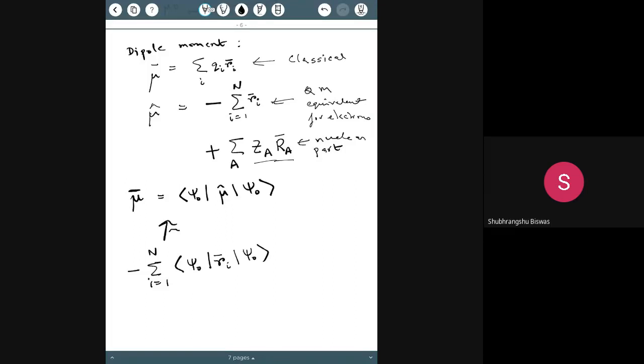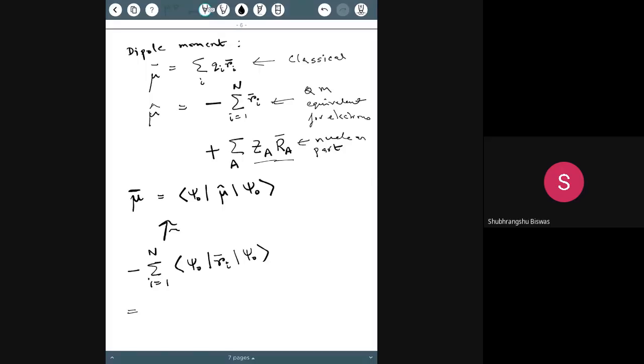And again, because Ri is a one electron operator, Slater's rule tells me that this is equal to minus the sum over mu nu of P nu mu, times the integral mu r nu.